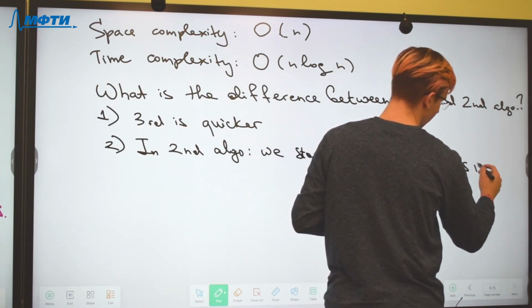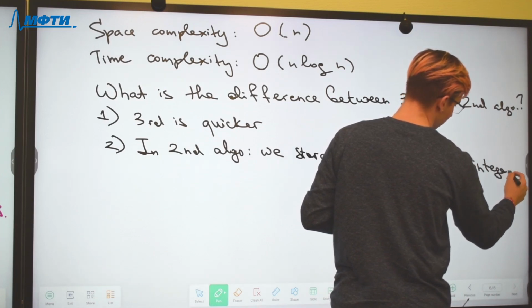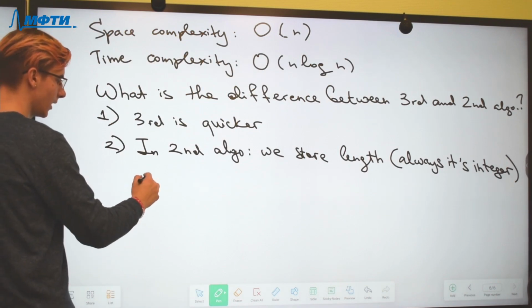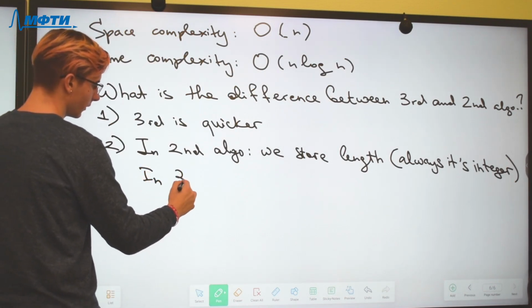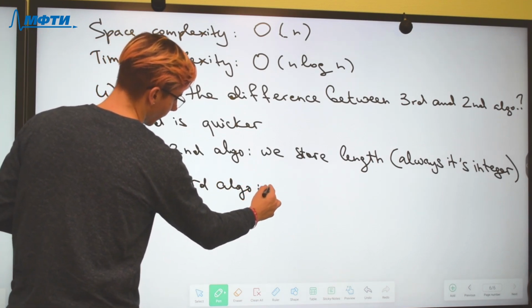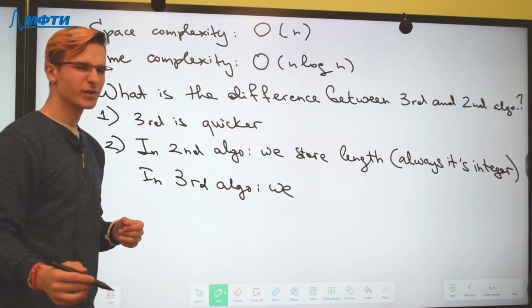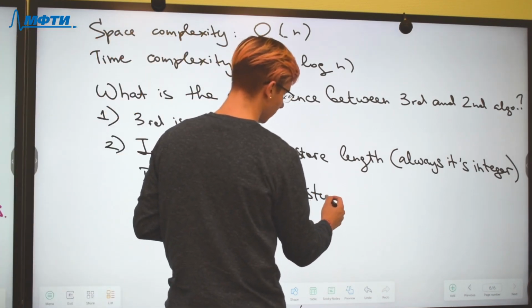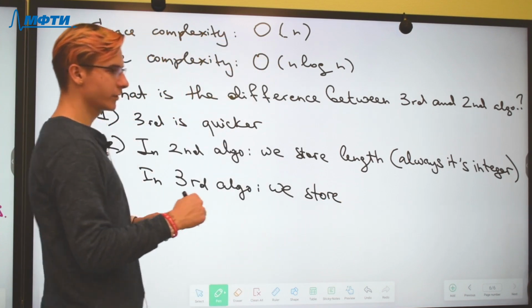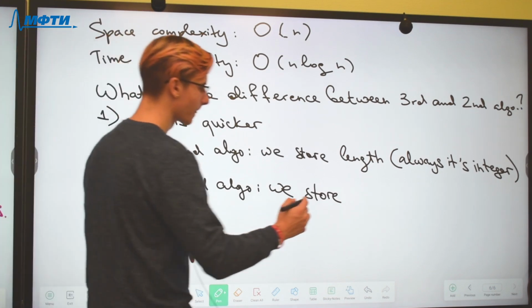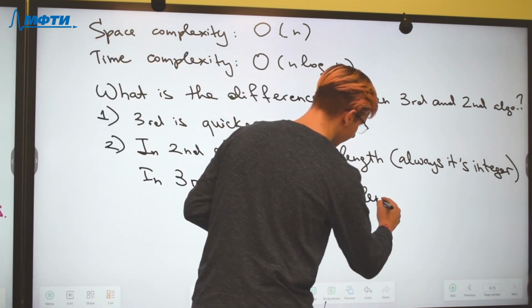It is an integer. And in the third algorithm, what do we store? Not numbers. We store elements of the sequences. Yes, that's right. Elements.